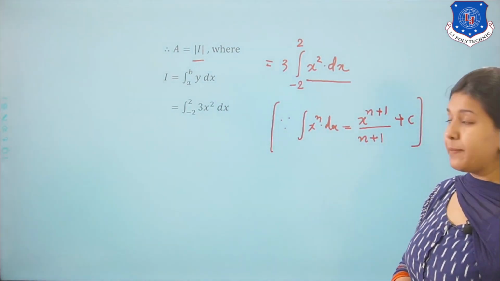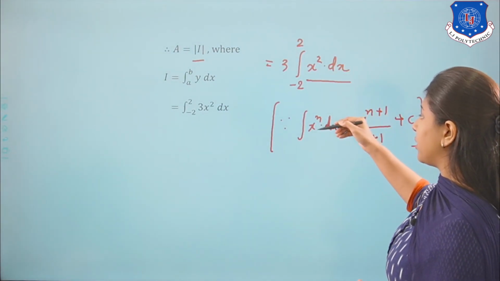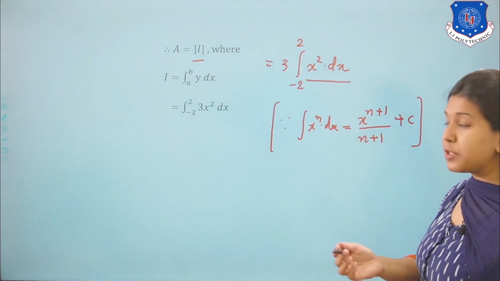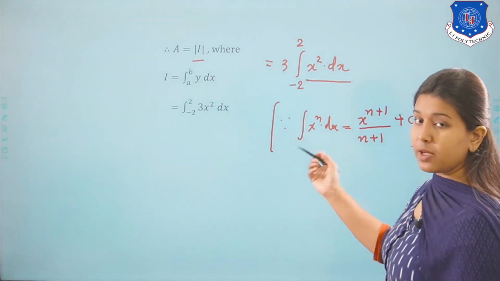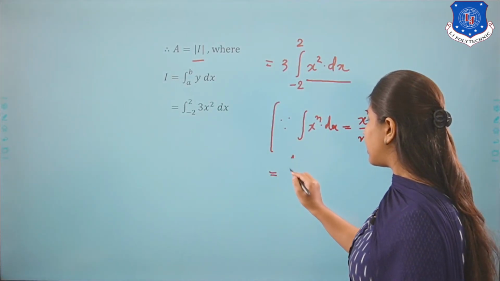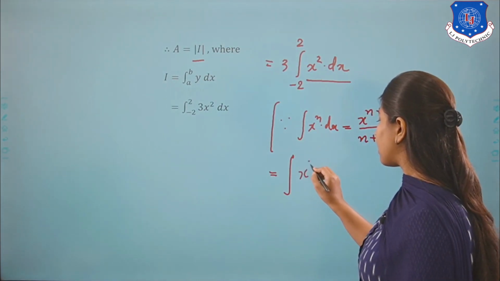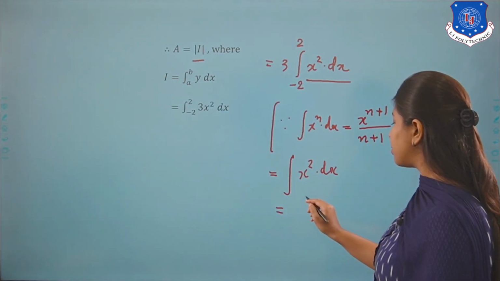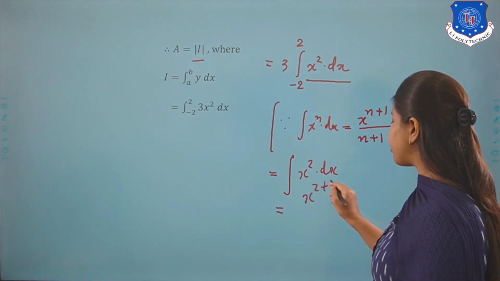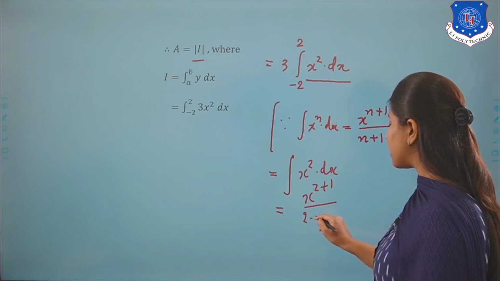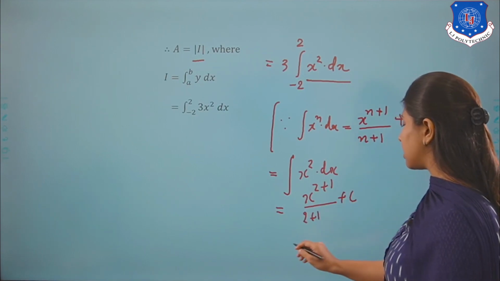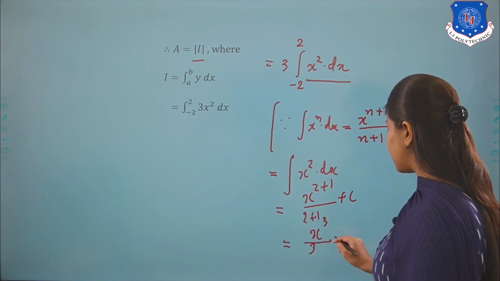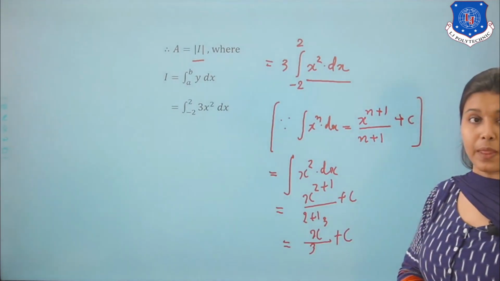Using this formula, comparing both the terms, we have value of n is equals to 2. Now putting 2 in this whole term, we get integration x square dx is equals to x raised to 2 plus 1 upon 2 plus 1 plus c, is equals to x raised to 3 by 3 plus c, right?